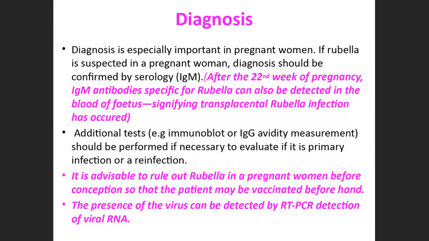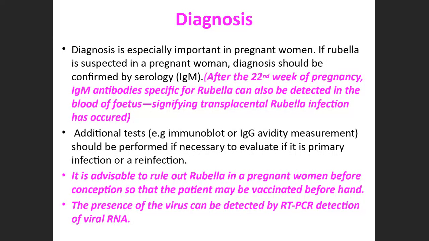After the 22nd week of pregnancy, IgM antibodies specific for rubella can also be detected in the blood of the fetus. Apart from this, additional tests like immunoblot or IgG avidity measurement can also be performed to see whether it is a primary infection or a reinfection.